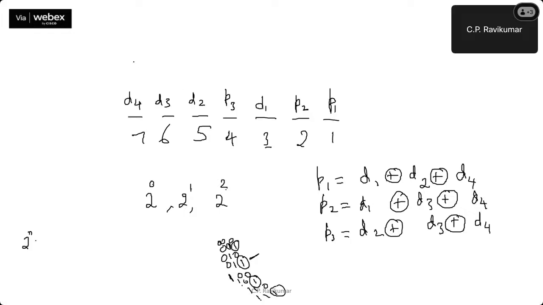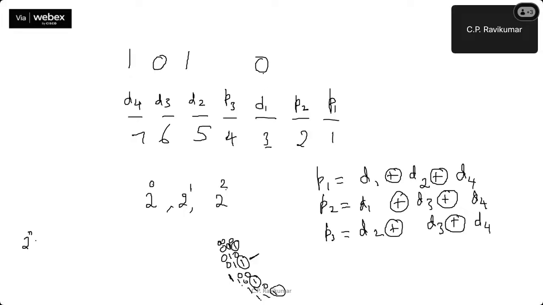So if I give you some data, for example, the data could be 1 0 1 0. Then P1 will be XOR of D1, D2, and D4.